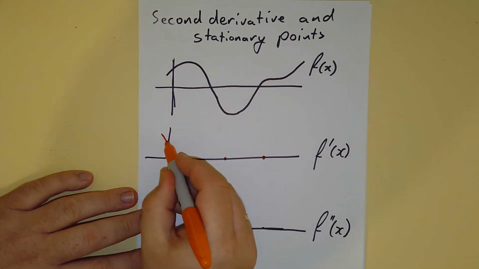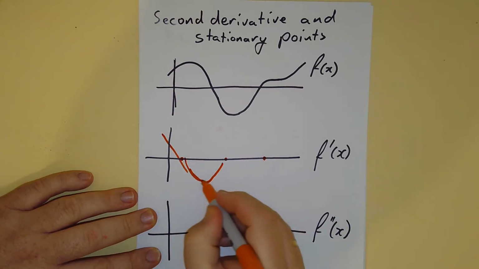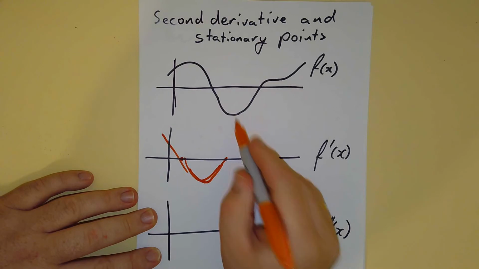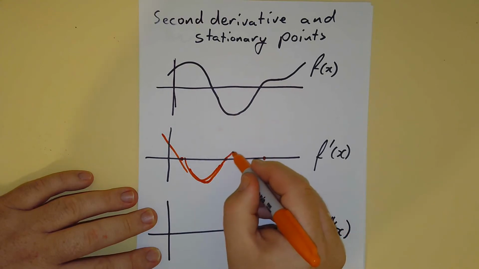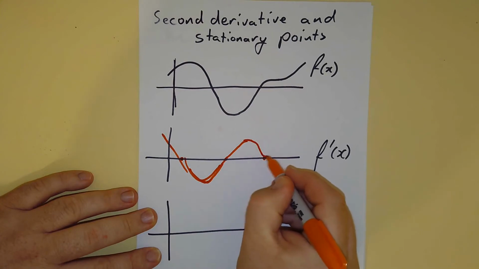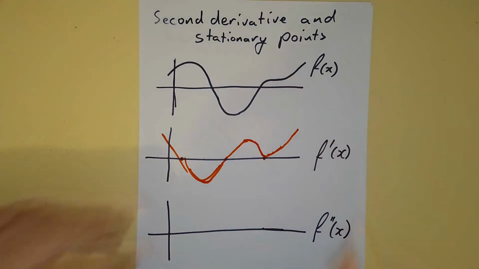So it's going to look something like this. Going through there, it gets quite positive, comes back, but then goes back up again. So we've got something like that as my first derivative.